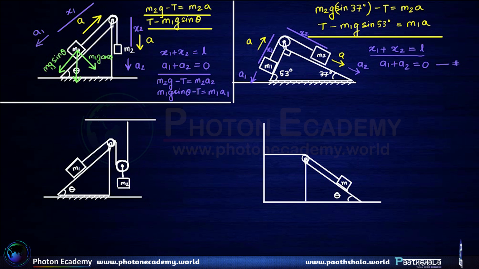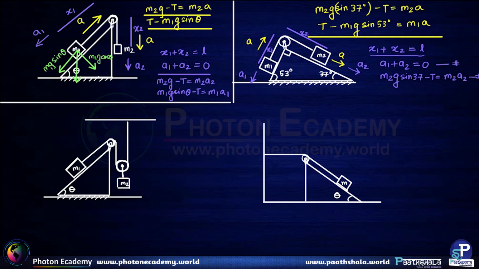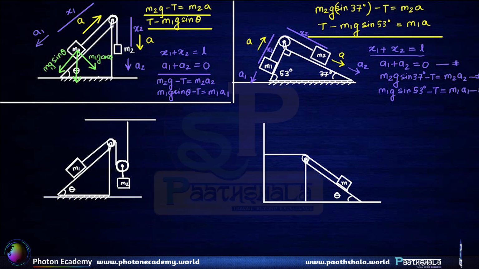For the next equation, we can write down m2g sine 37 minus T is equal to m2a2. This is the second equation, and m1g sine 53 minus T is equal to m1a1. So using these three equations also we can solve this particular system.